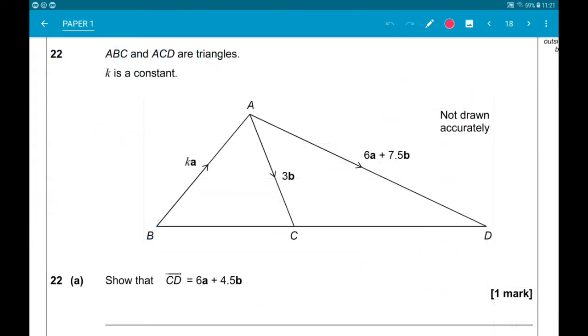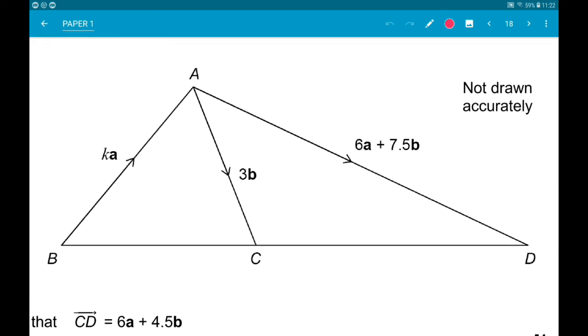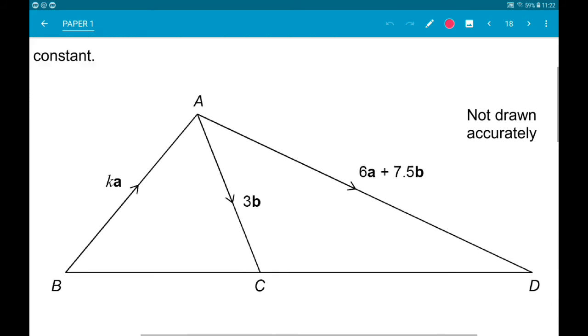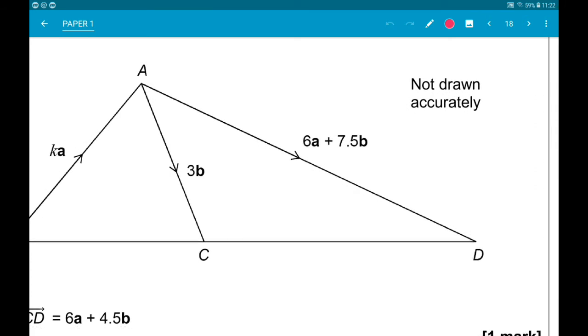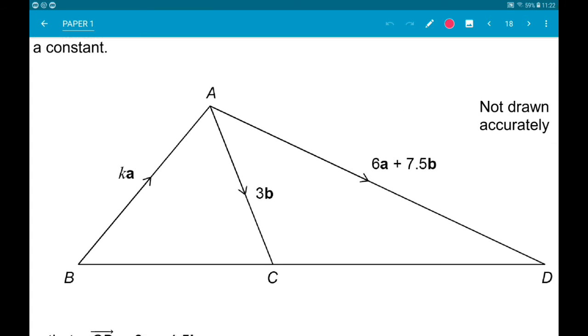Number 22, we have vectors, so ABC and ACD are triangles. We want to show that C to D is equal to 6A add 4.5B. So to get from C to D, we need to go from C up to A, and then from A down to D. Now to get from C to A, we're going backwards along 3B. So when you go backwards along a vector, it's negative.